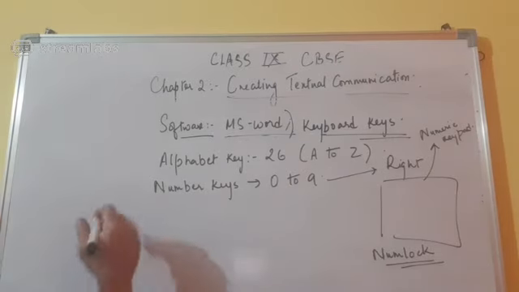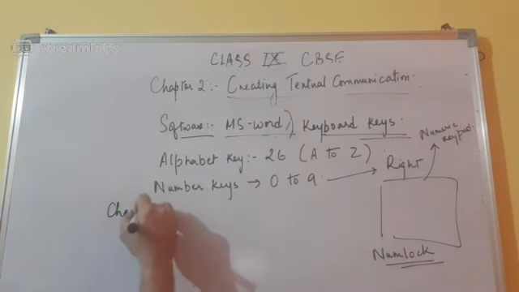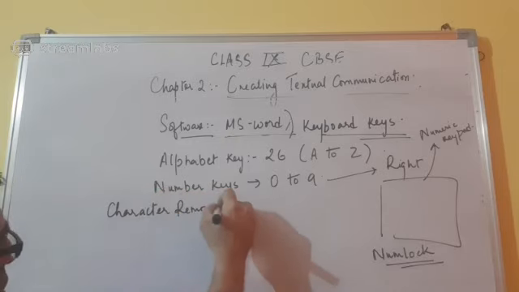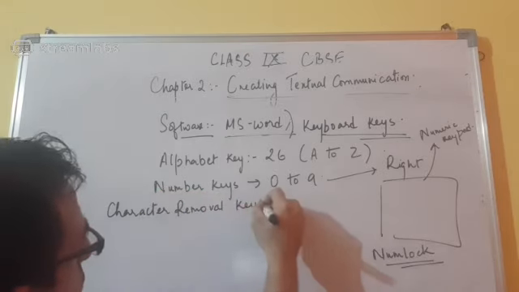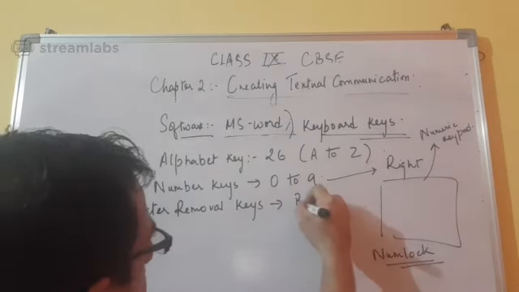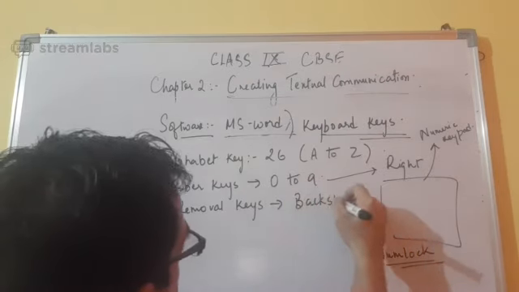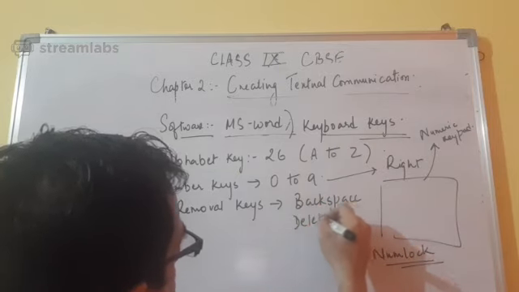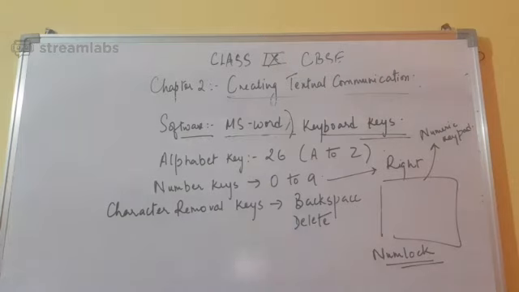Then there are character removal keys. What are character removal keys? There are two keys, your backspace and your delete key. What is the difference between these two kinds of keys, the backspace key and the delete key? Any idea?